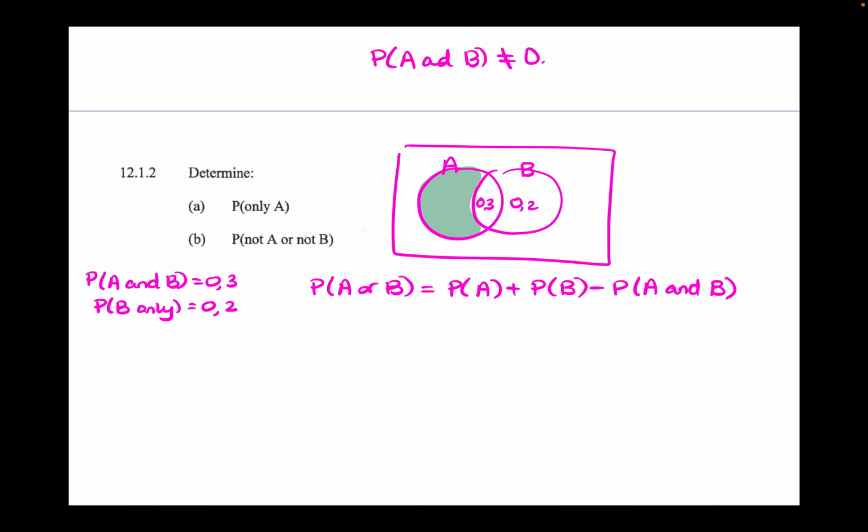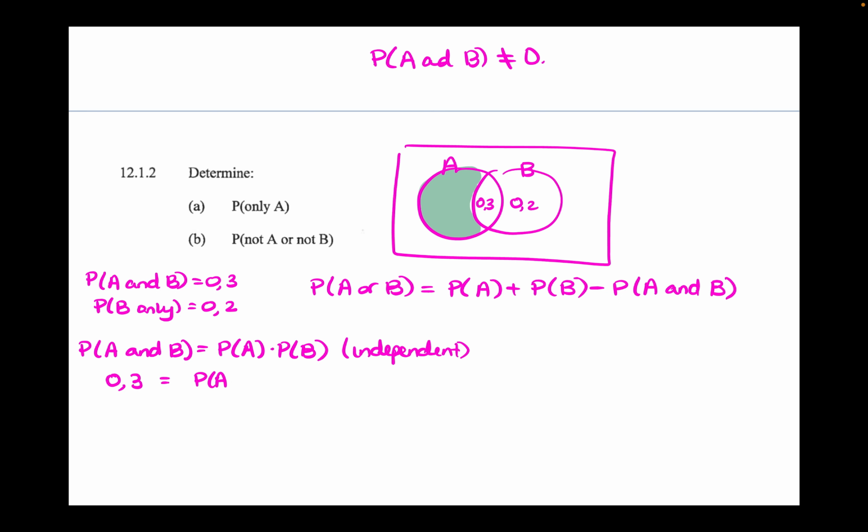And because these events are independent, we also know that the probability of A and B is equal to the probability of A times the probability of B, and that's going to be helpful for us here. So we have 0.3. The probability of A is what we're looking for.